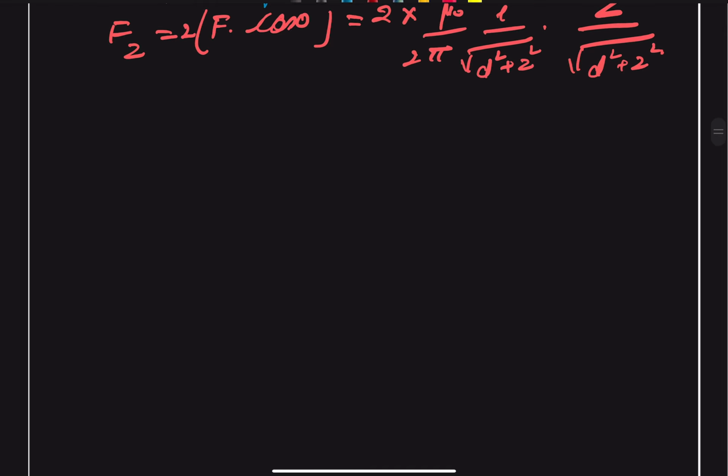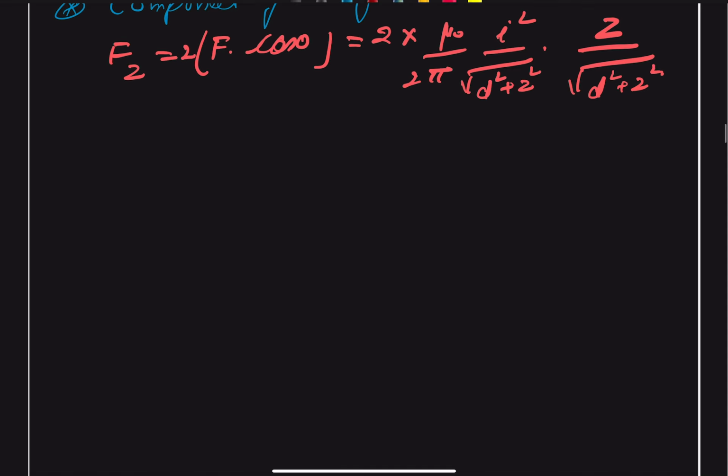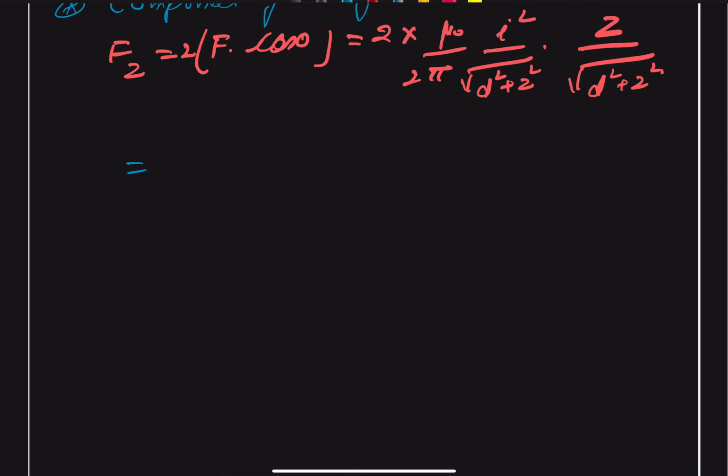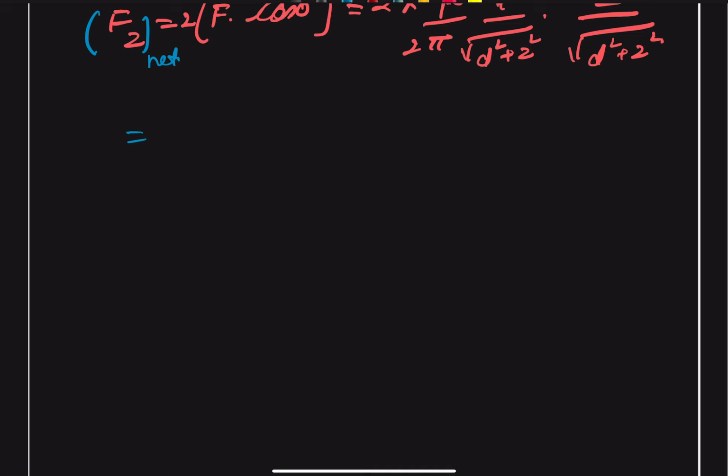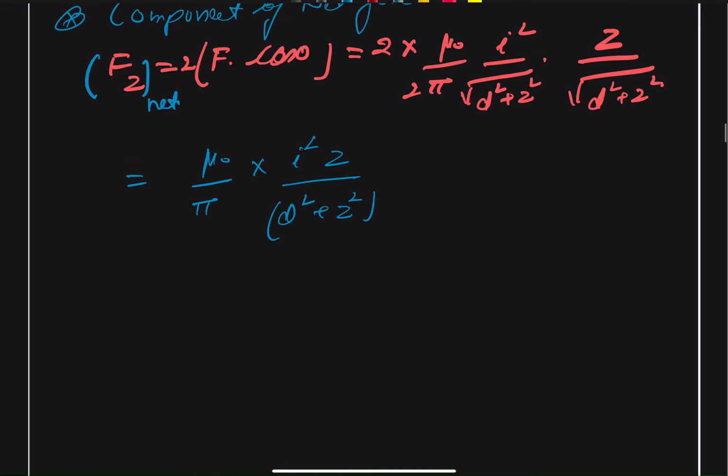And we can just simplify it. So this is our Fz net. So we get this as mu naught upon pi, and here we have I square z upon d square plus z square, because quite easily the 2 and 2 cancel out, and the square root becomes a whole square and cancels out.